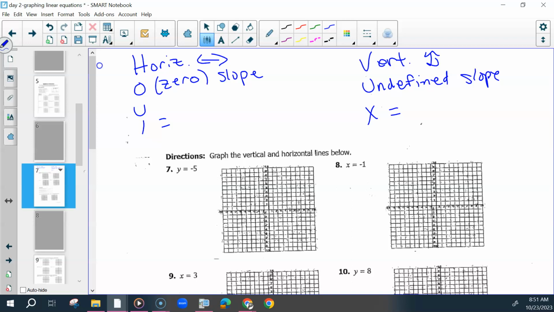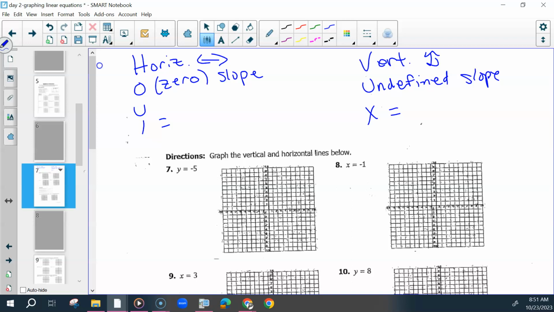So horizontal lines have 0 slope and are y equals, vertical lines have undefined slope and are x equals. So anytime you see horizontal or vertical lines, you should be thinking of that.